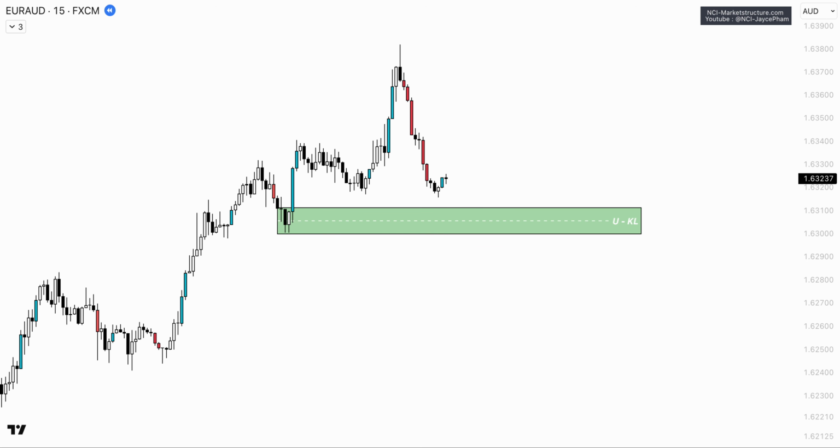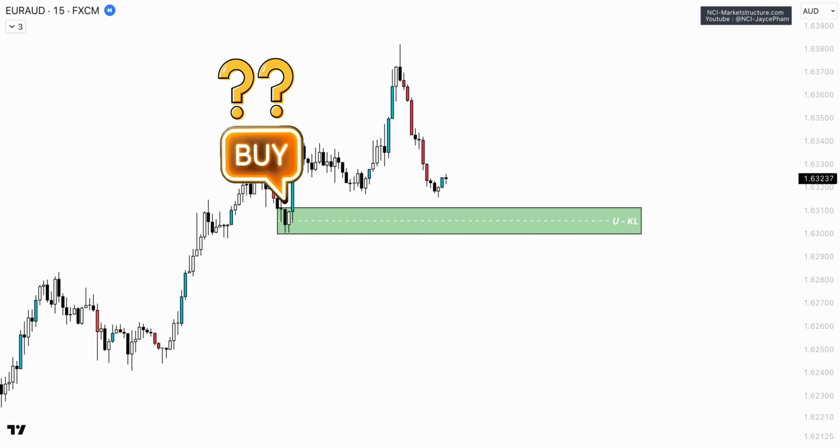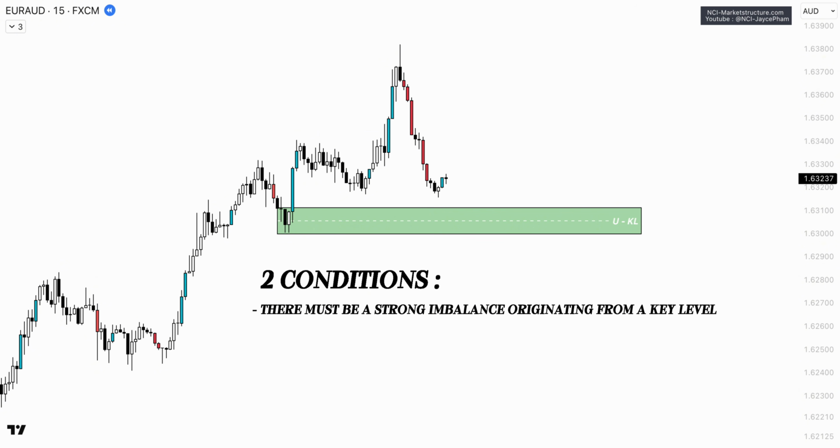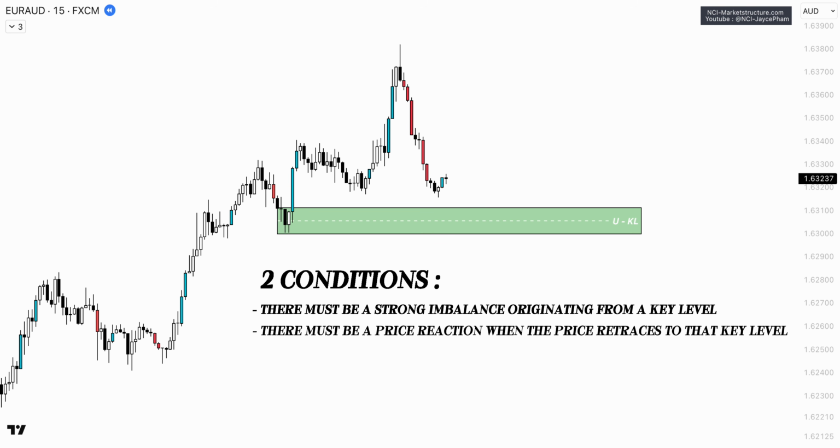So what conditions allow us to place a buy order at a key price level? The market can reverse at any moment, and if that happened, we would incur a loss. We only execute a trade when two conditions are met. First, there must be a strong imbalance originating from a key level. Second, there must be a price reaction when the price retraces to that key level.